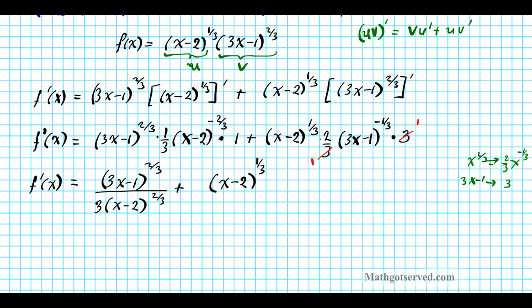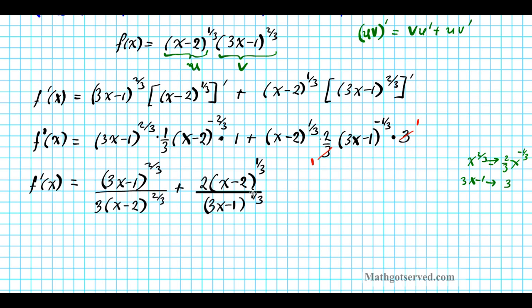So we can have a 2 over here divided by, and then using the reciprocal property of exponents, this term with a negative exponent gets reciprocated, so it becomes 3x minus 1 to the 1/3.